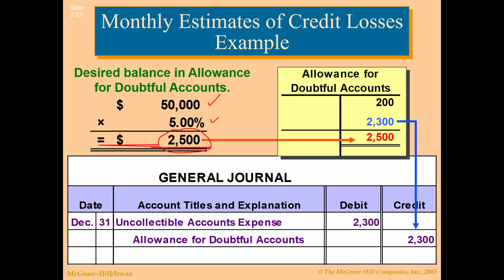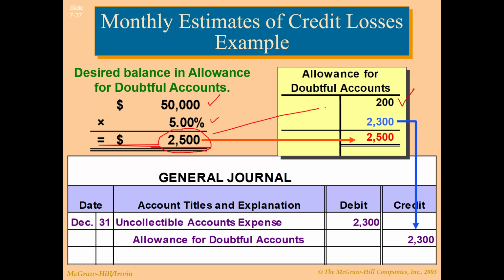So this 2,500 is the amount that you will not be able to get. Earlier in the balance, it was 200. So you will have to make some calculation to arrive at this figure, 2,500.